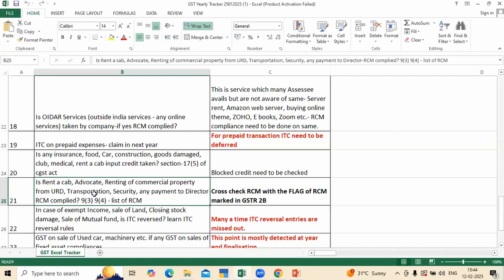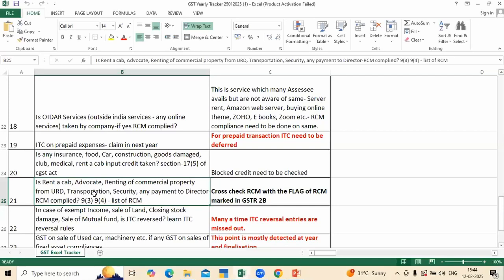Now moving to point number 21, what it says. It says that is rent a cab, advocate, renting of commercial property from URD. So see, under this budget, it is even said that if I being a company take any commercial property from unregistered person, I am required to pay RCM under reverse charge.